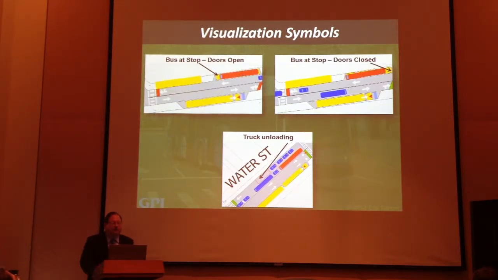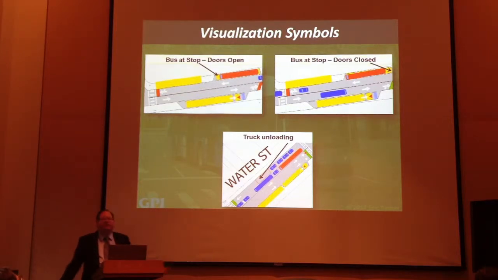Now here's an important one you might not think is so important at first. Here's a bus at a bus stop. But when there's yellow in front of the bus, it means that the bus is at the stop and the doors are open. Why is that important? Because we built the system in such a way that when the driver opens the door, that's the only thing he does that has an effect on the system.